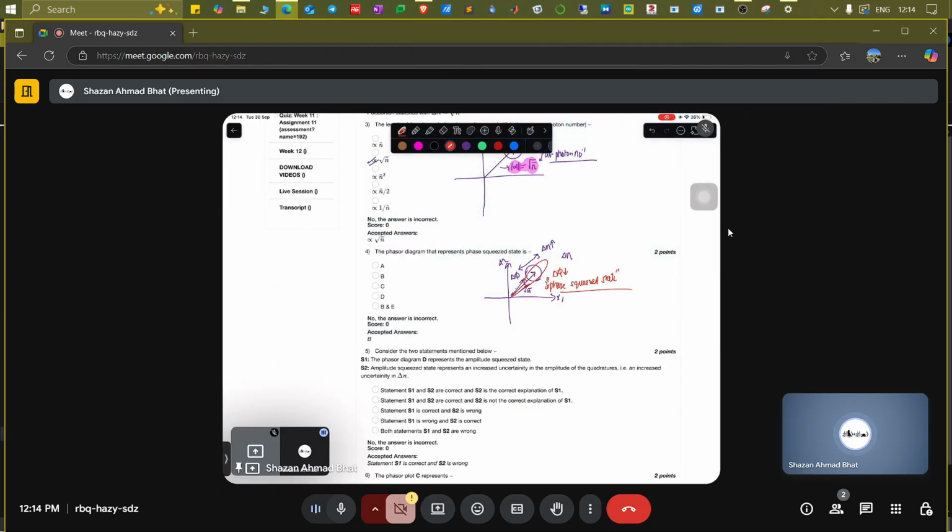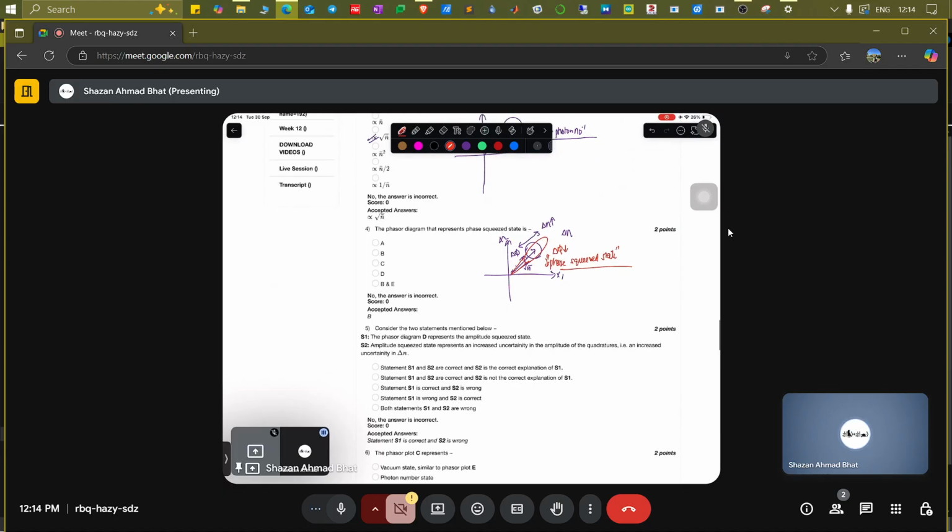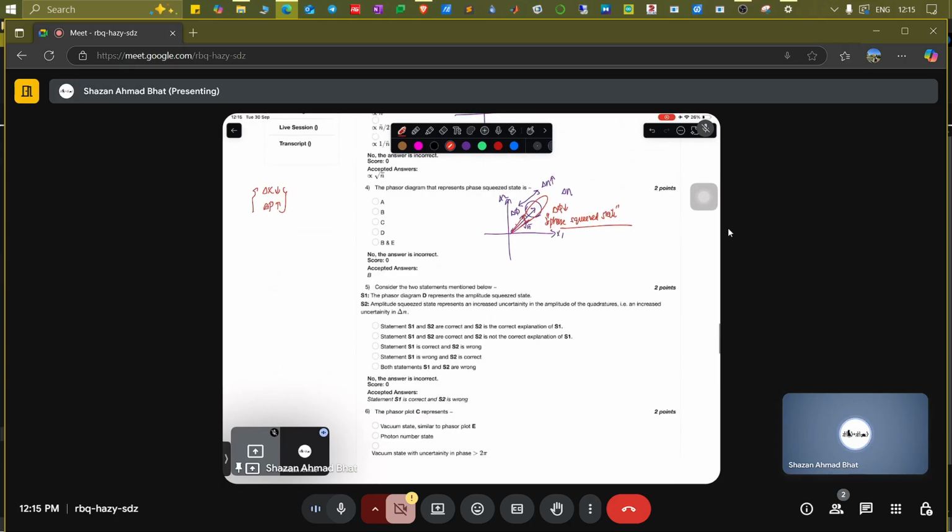Just like if you want to improve the uncertainty in the position, you have a trade-off that your uncertainty in the momentum will suffer. If your uncertainty in position reduces, your uncertainty in the momentum is going to increase. That is what this curve itself says.